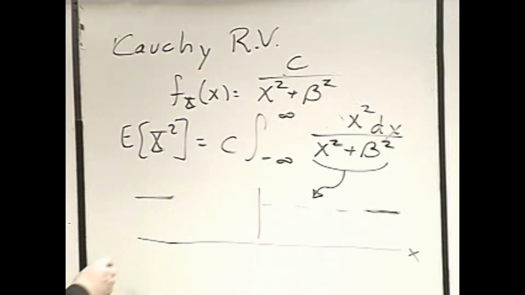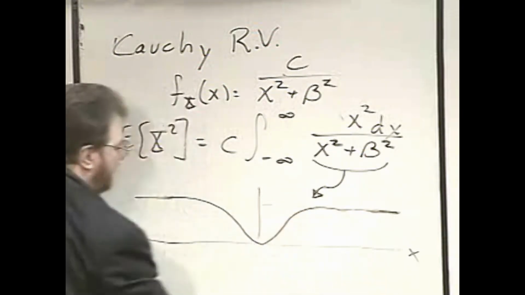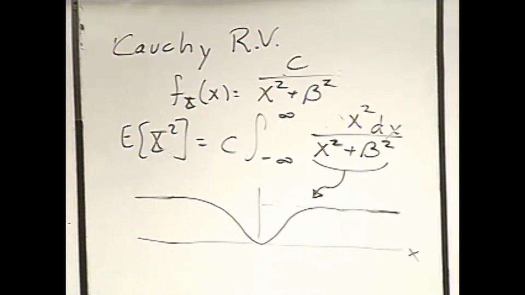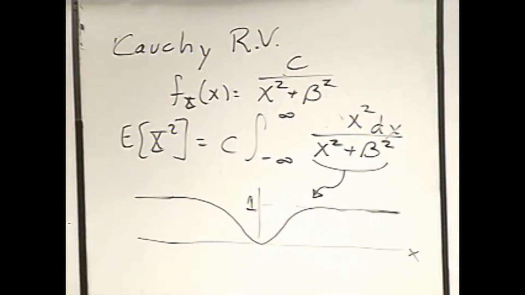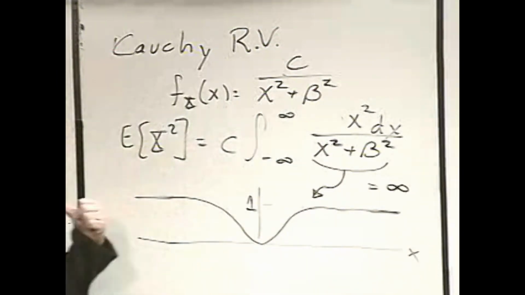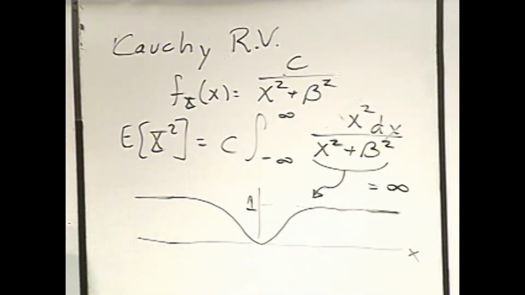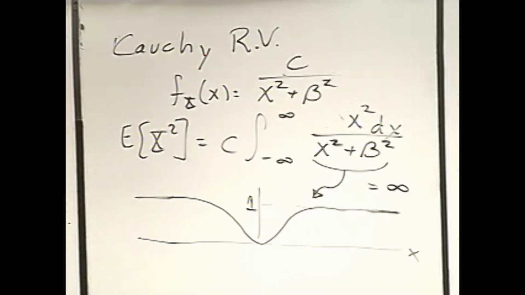So if we were to just look at the integrand of this, it would look something like this. This has an infinite area, doesn't it? So here the second moment is equal to infinity. The first example I gave you, by the way, the second moment is infinite also. But here we have a second moment of a commonly used random variable where indeed the second moment is infinite.